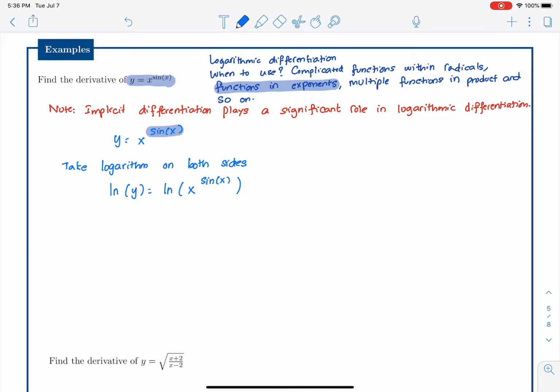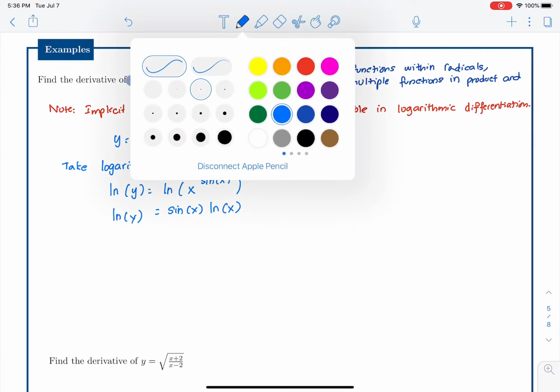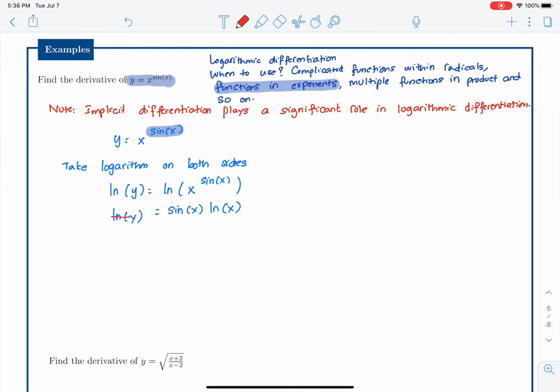Now, one of the properties of logarithm states, well, if I have a power, I can move it to the front. So I can move that sine x to the front and write it as ln of x. And if we remember from implicit differentiation, that is a function of y.